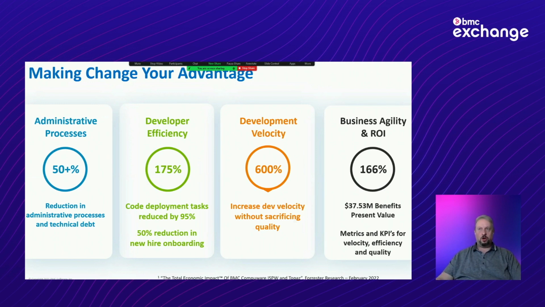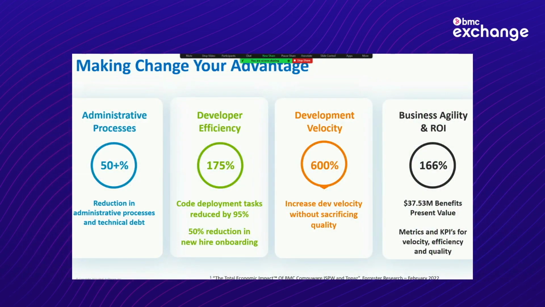And what Forrester saw was you could reduce your administrative processes by 50+%. Now, where I was at, we were able to probably at least achieve 30+% of that. The elimination of administrative processes made them 30-40% more efficient, depending on the team that you talk to. And we were still tuning that when I left.